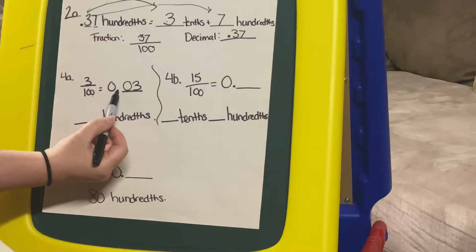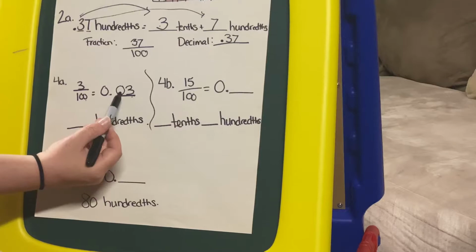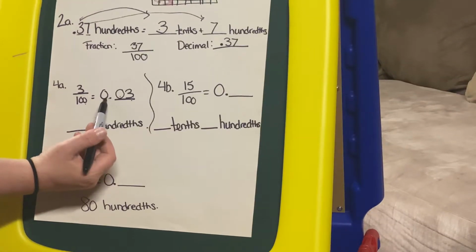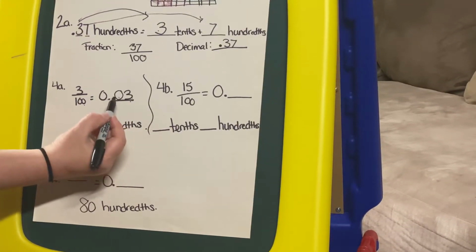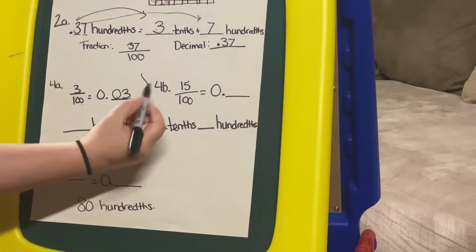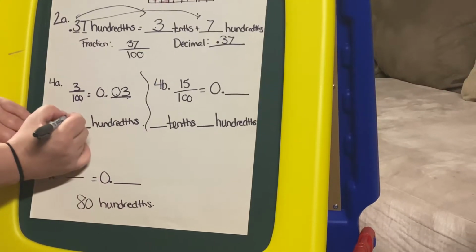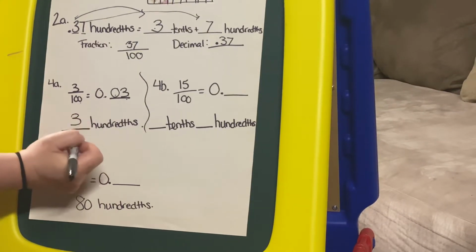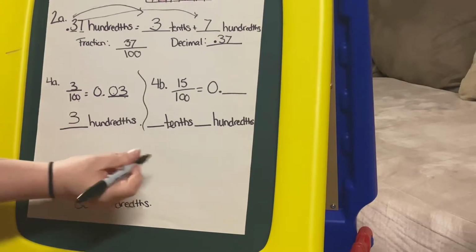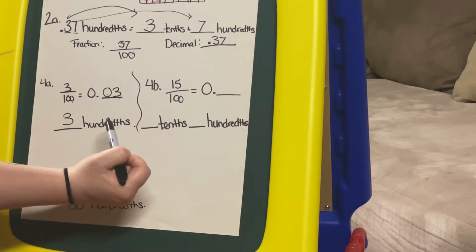Because we need to get ourselves to the hundredths place. So if you did 0.3, you're actually just showing them 3/10. So don't forget to keep that 0 in there as just your place value holder. Now, they want you to write it as hundredths. Well, how many hundredths do you have? 3 hundredths, okay?